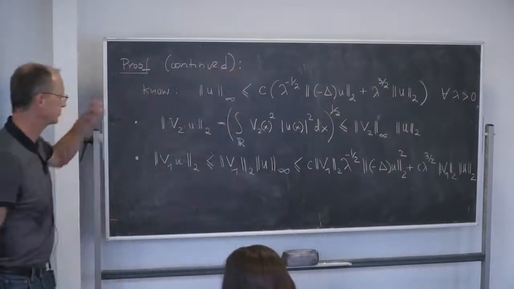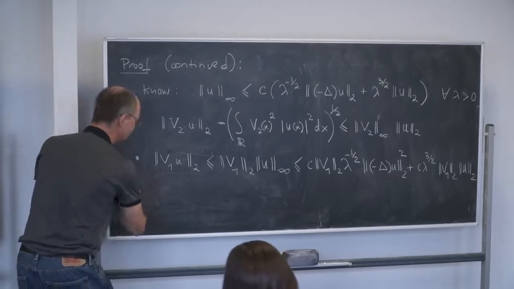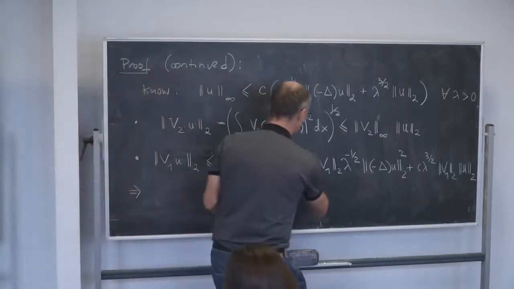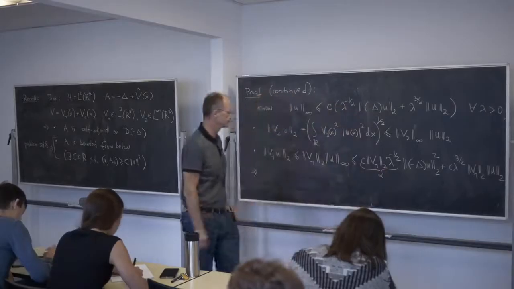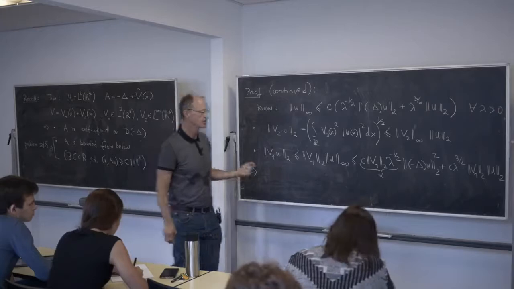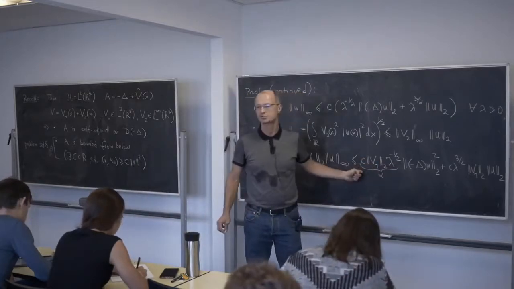Right, so that's because of that estimate. So all in all, we get the following. So let me denote this guy by alpha. And now let's choose lambda such that this expression is smaller than 1.